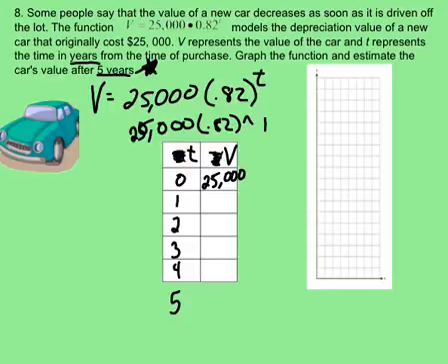So 25,000, parentheses, 0.82, close parentheses, to the first, I get a value of 20,500. Then I just hit up on the calculator. If you hit the up button, it re-enters things. So then you can change it to a 2, and you get 16,810.